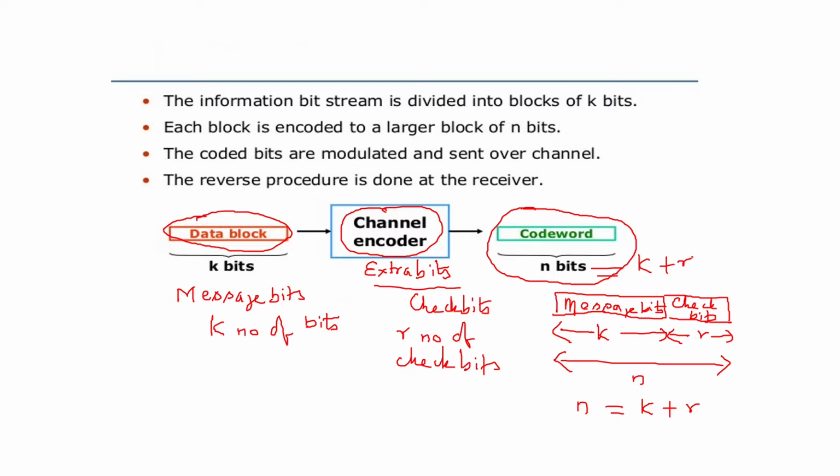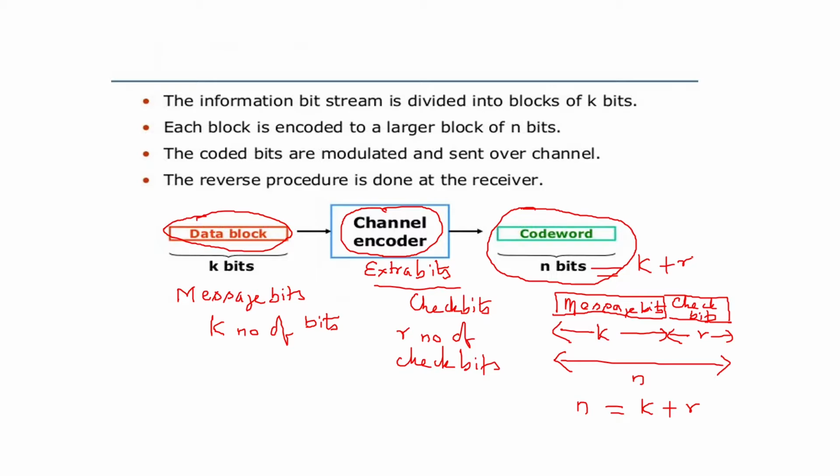Okay. So this is how you are going to add the extra bits to the message bits. The information bit stream is divided into blocks. First, you're going to divide the information into blocks of bits, and for each block, you are going to add certain extra check bits.